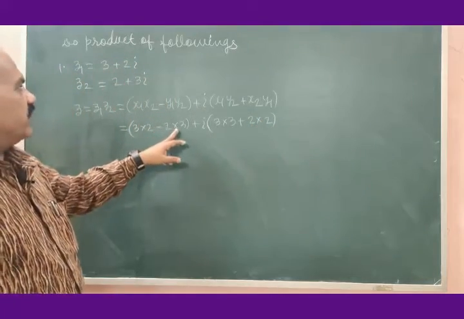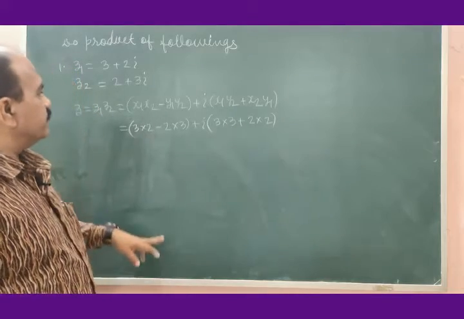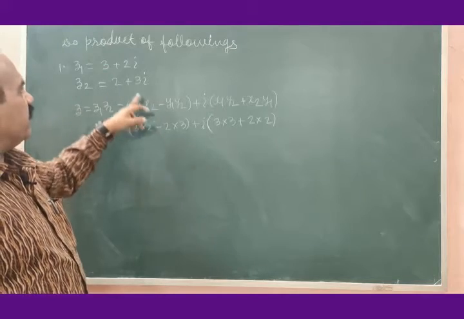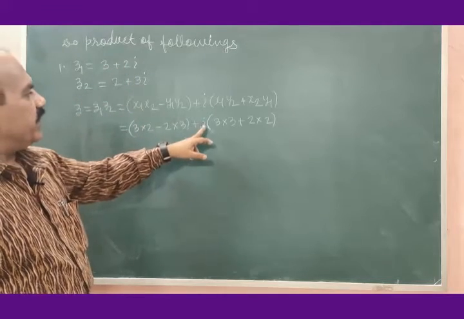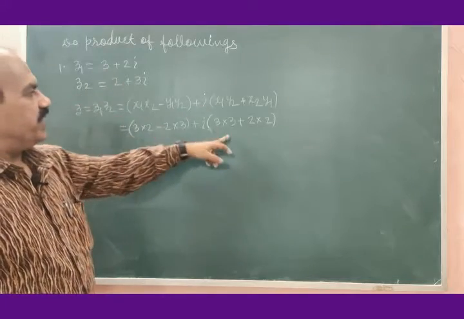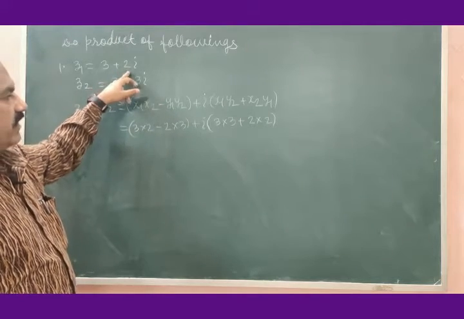That is x1 x2 minus y1 y2 plus i into x1 y2 plus x2 y1.